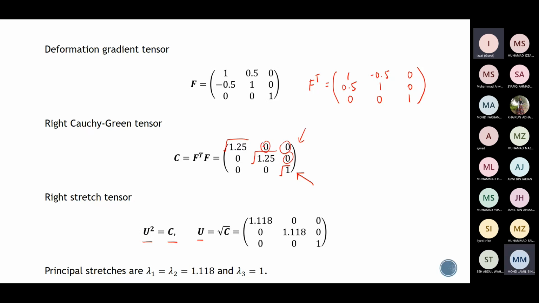If you calculate and get non-diagonals, it means you calculated wrongly. Your question's answer will be in diagonal elements. I'm not crazy enough to make you find eigenvalues, it would take an hour to answer one question. So you just square root and then you find the right stretch tensor U. The principal stretches are basically the diagonal elements. So this is lambda 1, lambda 2, and lambda 3. These are the principal stretches, as I said just now, in certain directions.